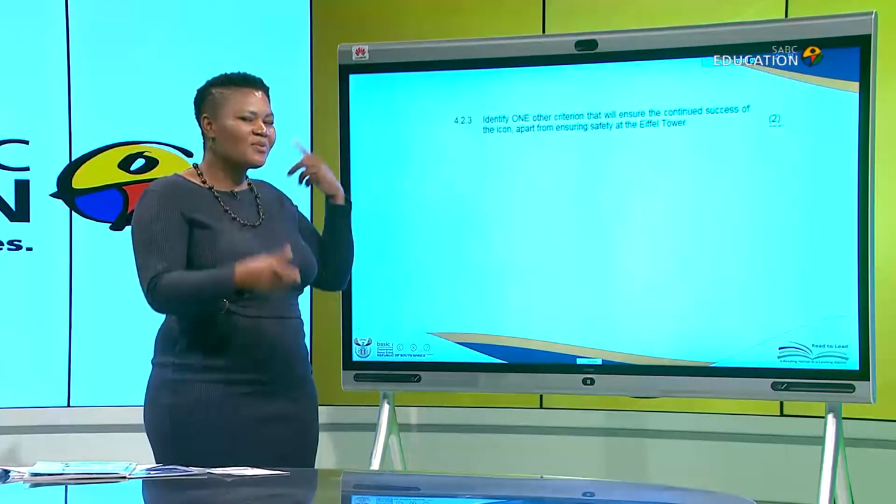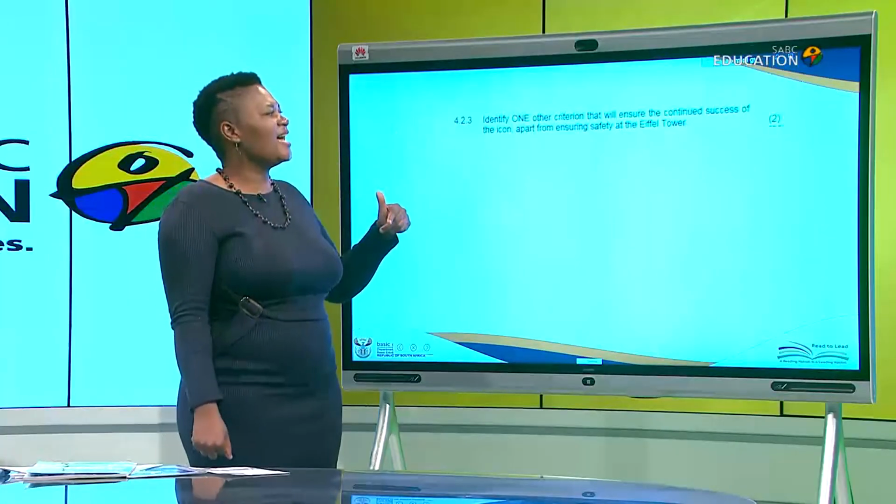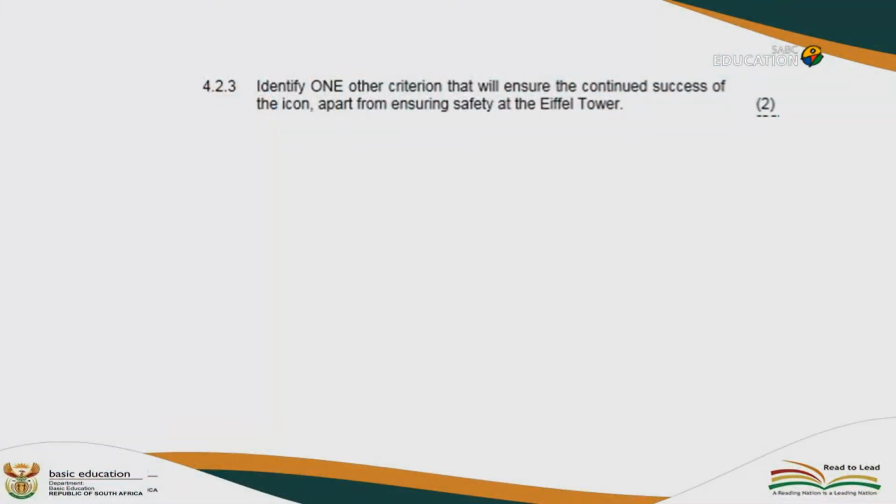So in other words, in your mind, it should be playing as identify one other factor that will ensure the continued success of the icon apart from ensuring safety at the Eiffel Tower. So this could be maybe considering people with needs or disabilities, not safety and crime prevention, but excellent marketing of tourism products locally and internationally, sustainable and responsible management plans, depending on the one that you remembered the most from the 8 factors. But let us just check what our marking guideline says.